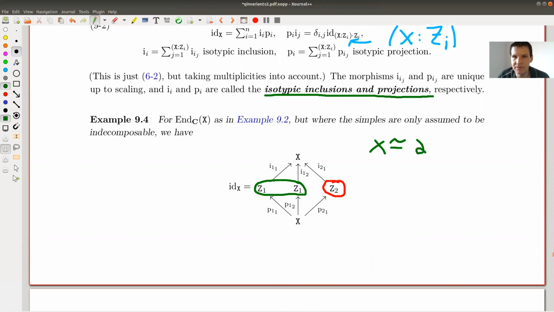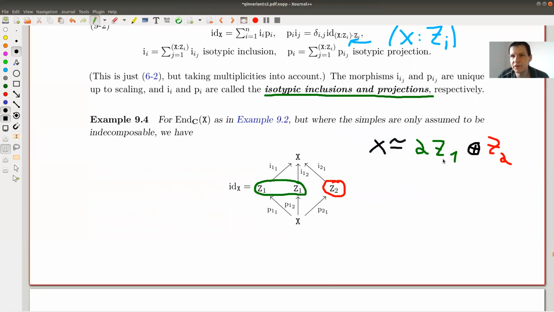It's just 2 times Z1 plus Z2. That's X. And the isotypic components just collect everything which is isomorphic.